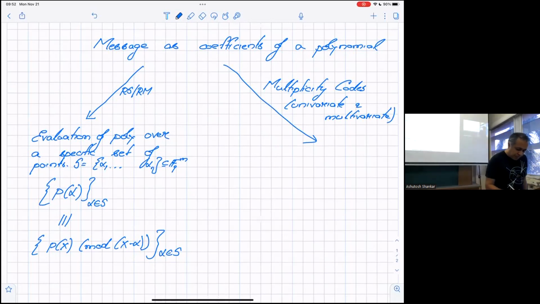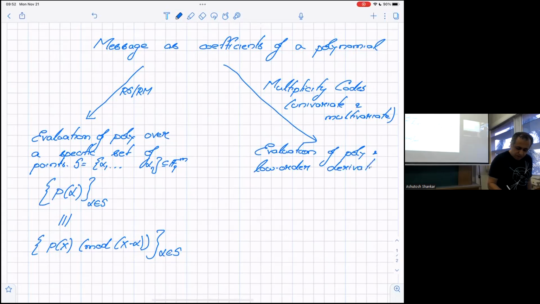So the evaluation of the polynomial and low order derivatives at a specific set of evaluation points. It will be the same thing.